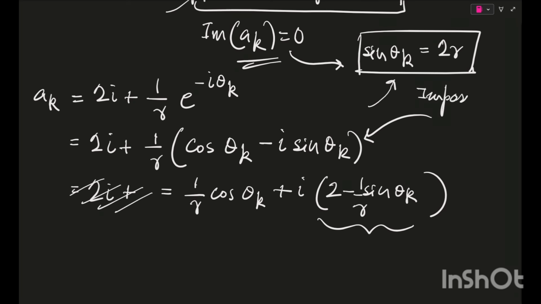Why? Sin θ_k for each of the internal angles can't be equal. There are 8 total angles and 8 total angles can't be the same.